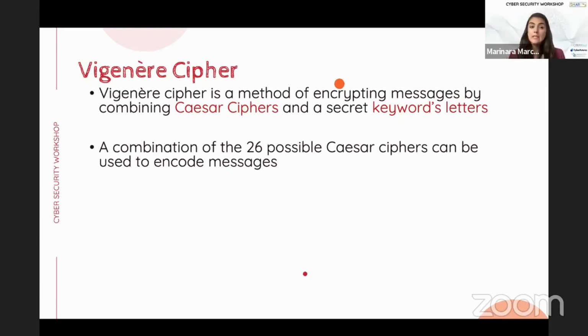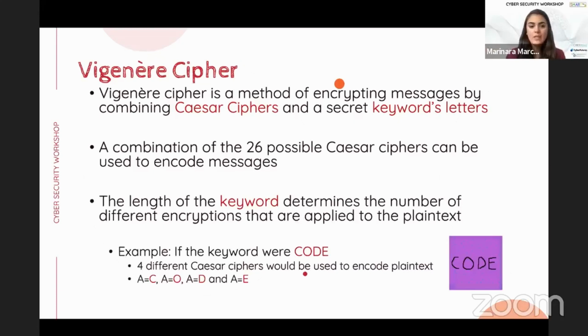In this case, A can actually be A, and that's fine. And you're going to learn why. It's fine to sometimes have A equals A, which wouldn't make sense in a normal Caesar cipher. The length of the keyword here is going to determine the number of different encryptions that are going to be applied to the plain text.